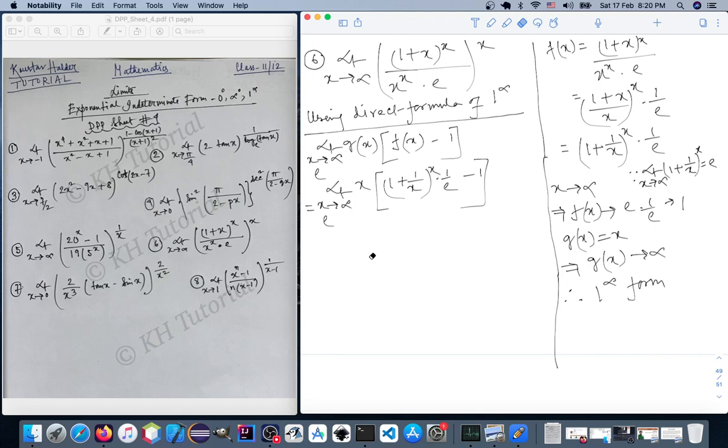Then the alternative method is to use the expansion of e.